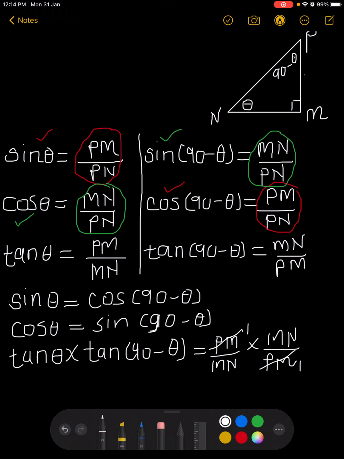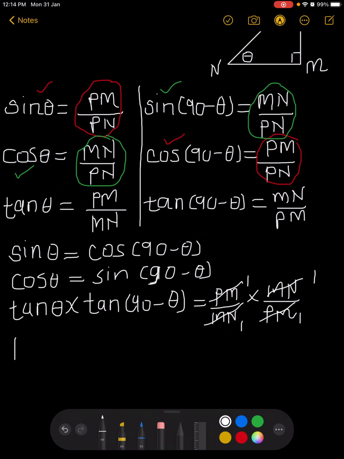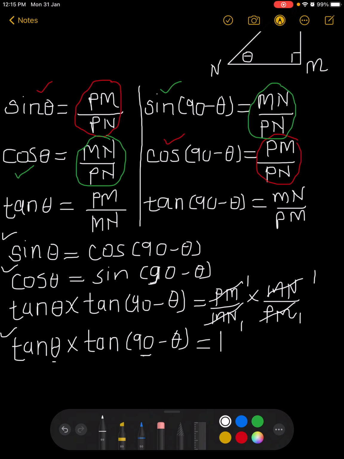PM divided becomes 1, MN divided becomes 1. It means the two ratios tan theta and tan 90 minus theta, though they are not equal, their product is 1. So when two angles are complementary, the product of tan for these two complementary angles will be 1. These are three important relations among sine, cos, tan for two complementary angles.